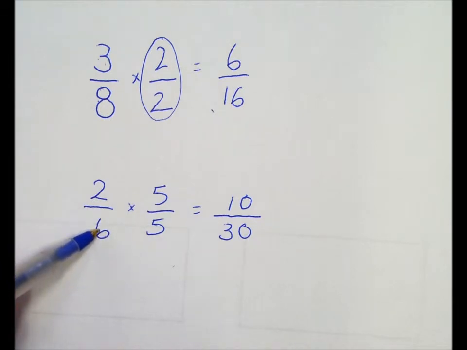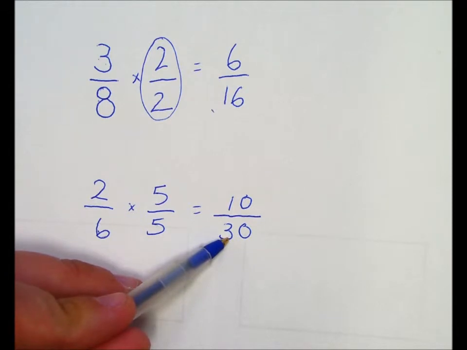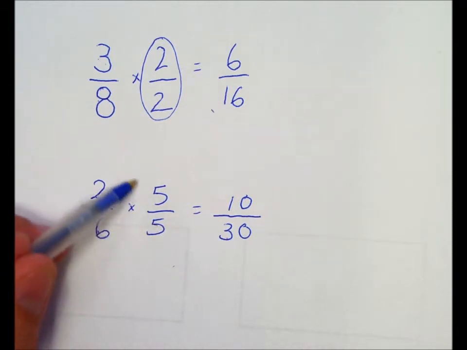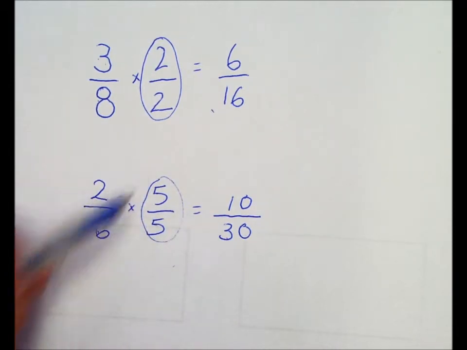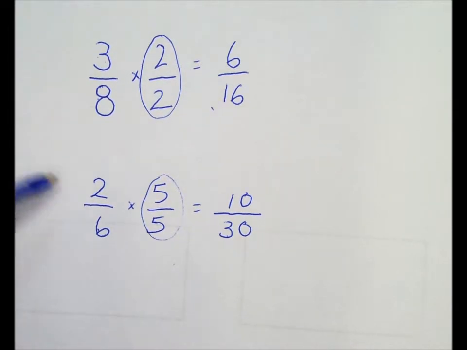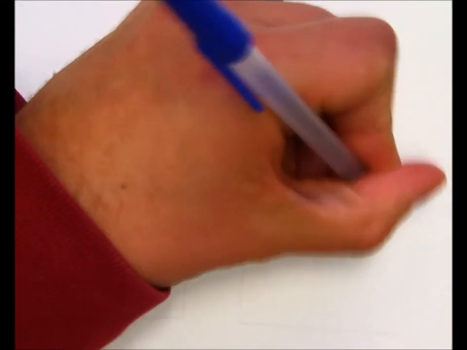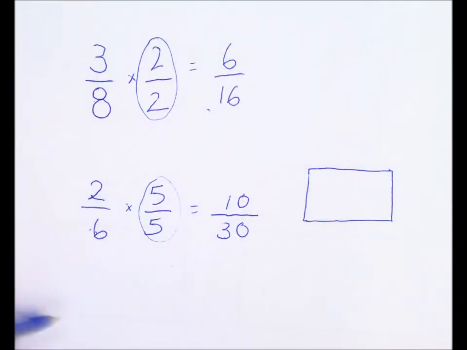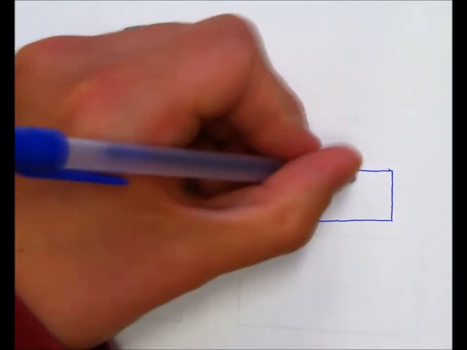Similarly, our original thing here was divided into 6 pieces. Now it's just divided into 30 pieces, but because we multiply by 5 over 5, we haven't changed the relationship between the numerator and the denominator. Okay? That is similar to this, and I'll just quickly draw this to make it a little bit more clear.